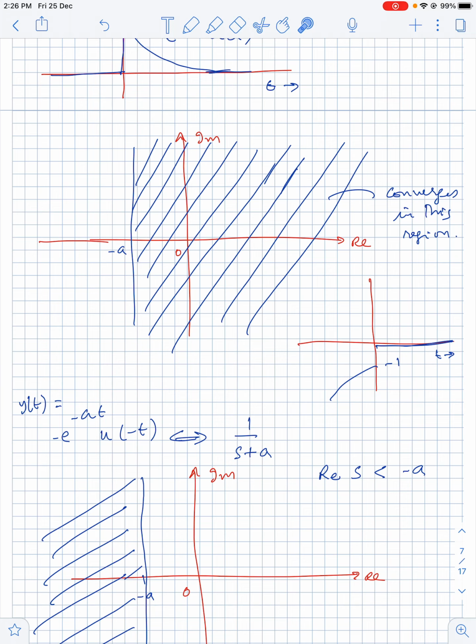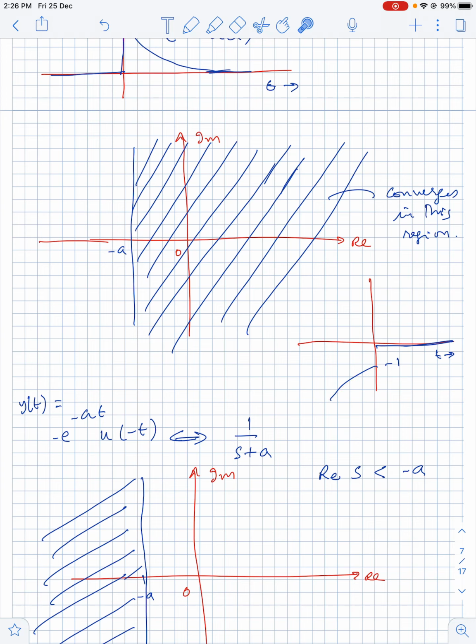That means for positive t the signal is 0, and the signal exists only from 0 up to minus infinity, so it has non-zero values only for values of t less than 0. And this is an exponential function. a is again positive, so this is a growing exponential, and because of the minus sign, it is a reverse growing exponential.